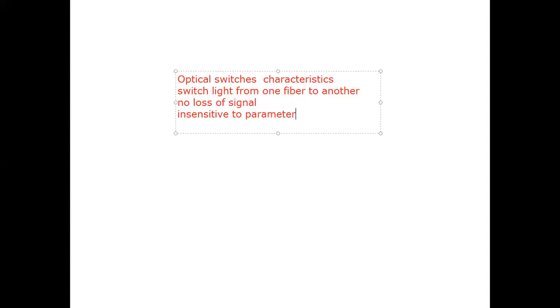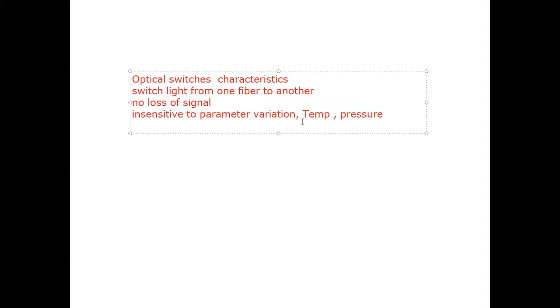What are those parameters? Temperature, pressure. Okay, light, temperature. So if I'm using a switch, the switch itself as a component should be insensitive to parameter variation. It can be temperature. If the temperature increases, the switch should function normally. Pressure, if the pressure falls.